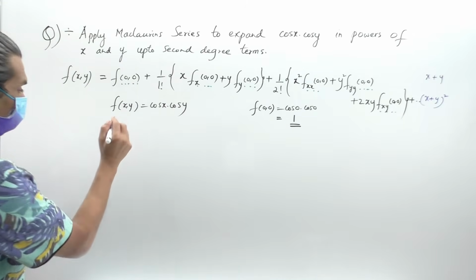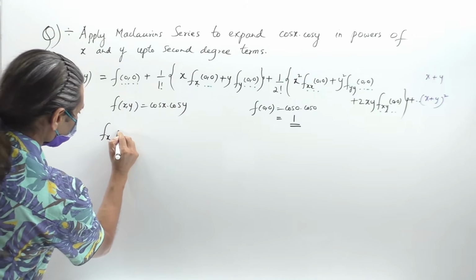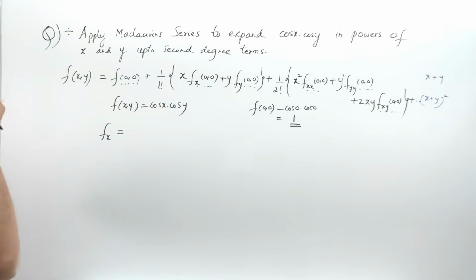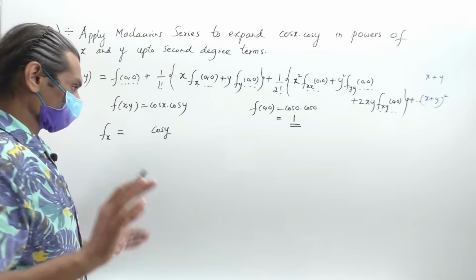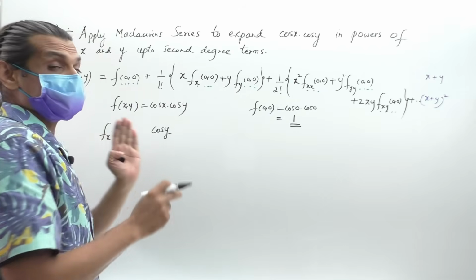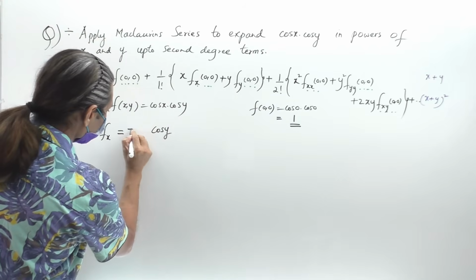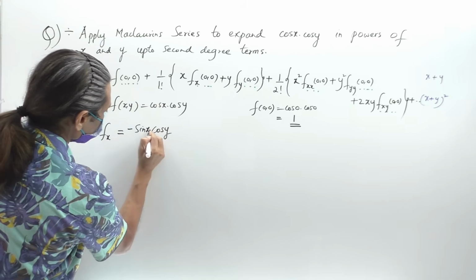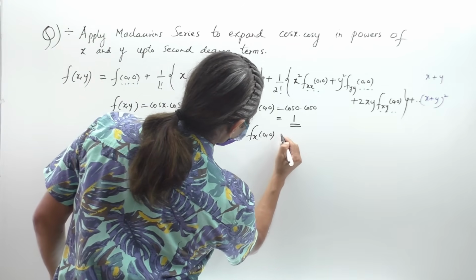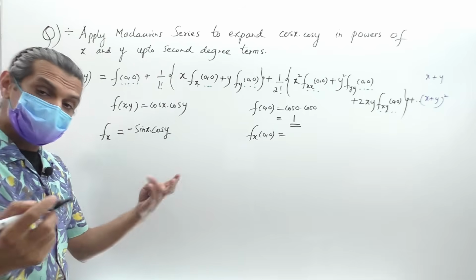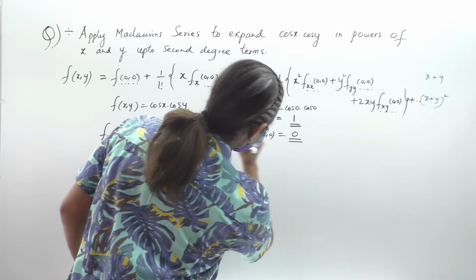Fine. Similarly, fx means you are partially differentiating only the x terms. Cos y, don't touch it, as it is. Differentiation of cos x is minus sin x. This will be minus sin x into cos y. That's all. That means fx of 0 comma 0 will be, as you know, sin 0 is always 0, so 0 only.